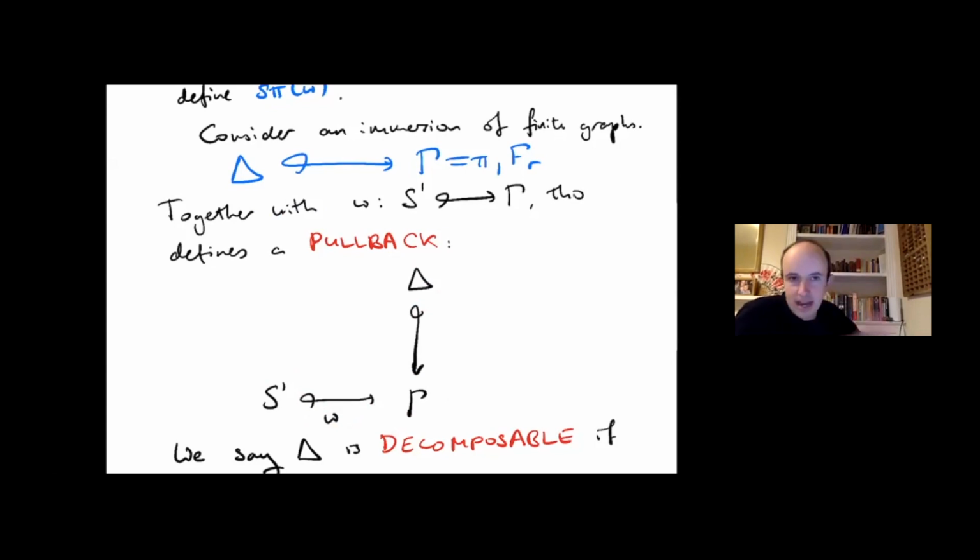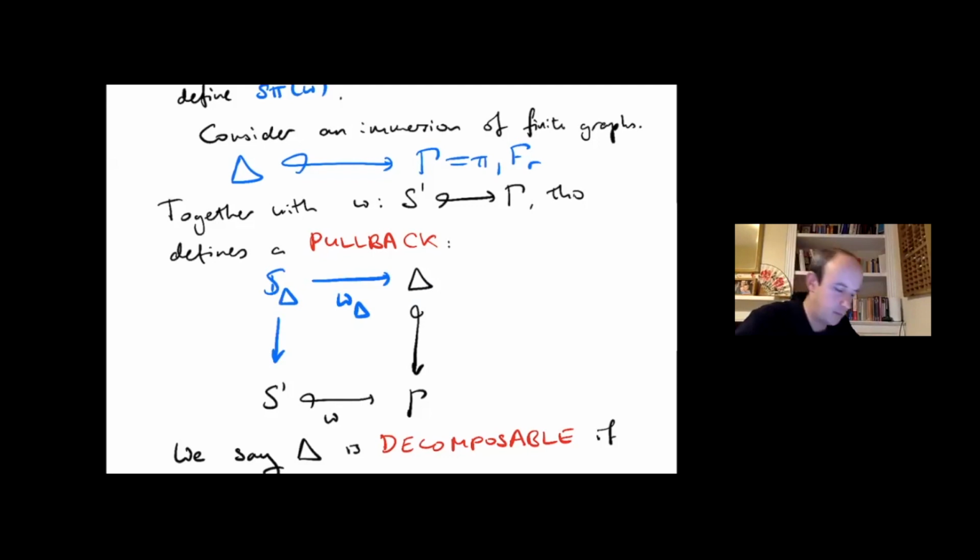And I can look at these two maps, and there's a way of defining a thing called a pullback. And I want to tell you how to do that. This pullback, I'm going to call it S delta, and it sits in here like this, and I'm going to call this map W delta. Okay.